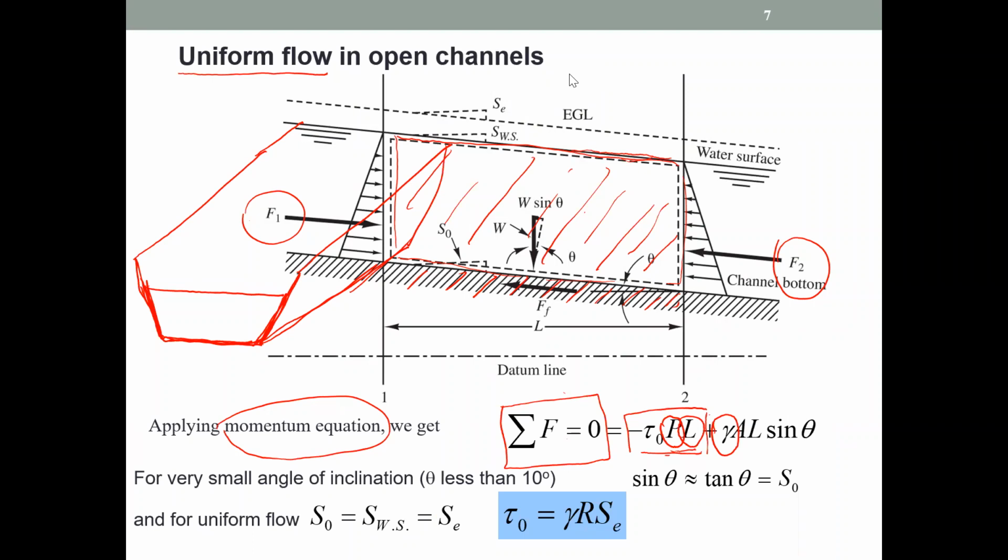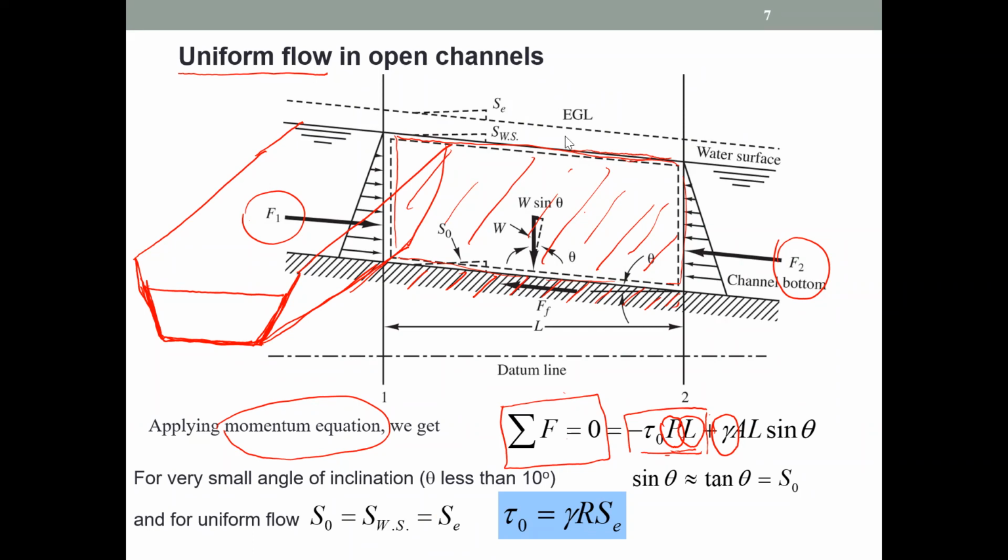Lakmali, what is gamma? Lakmali, you can hear me, right? Okay. Gamma is defined as the specific weight. Very good. That is the specific weight.